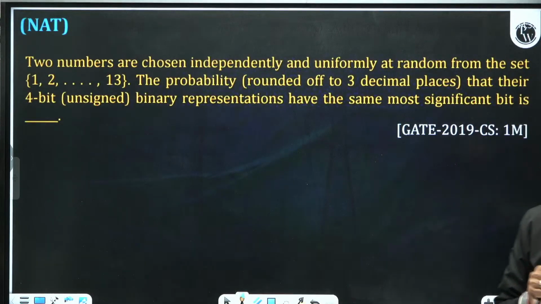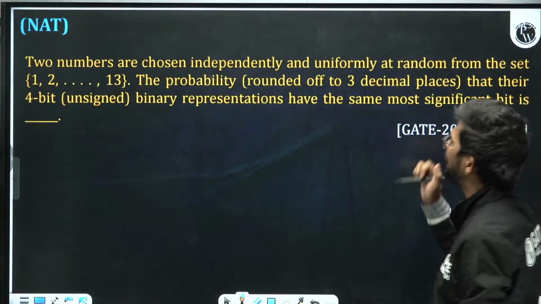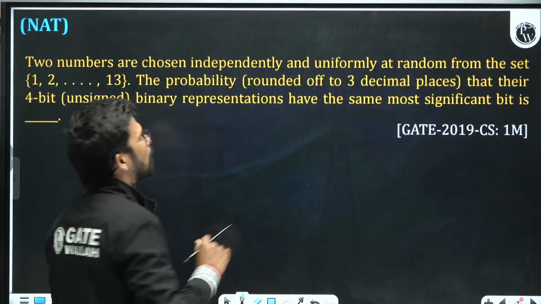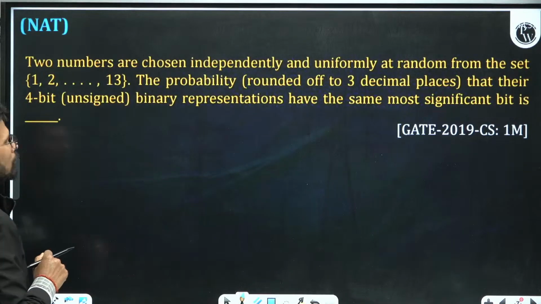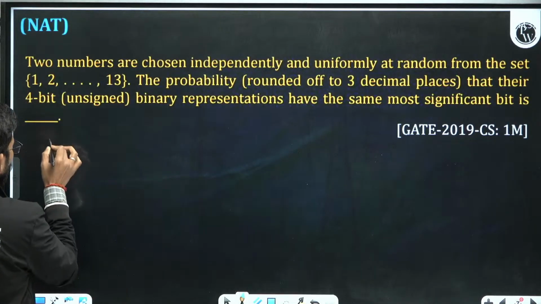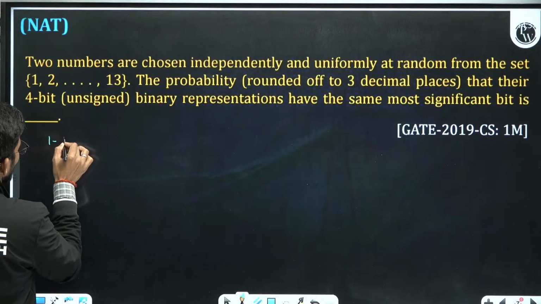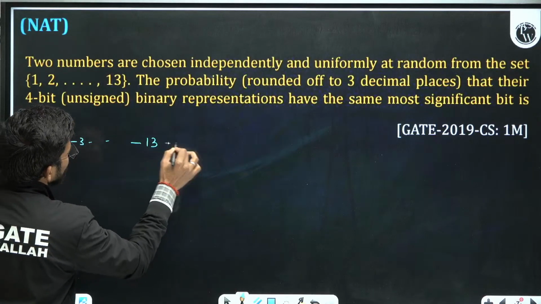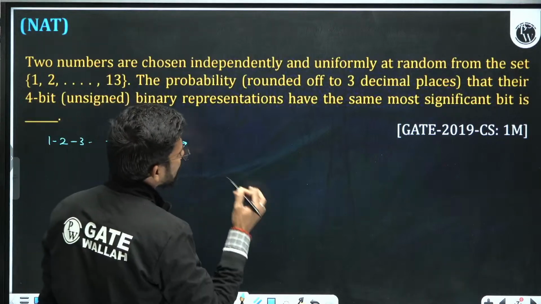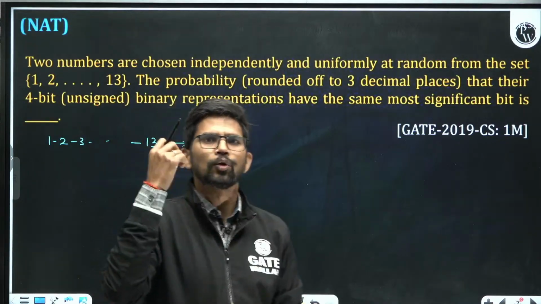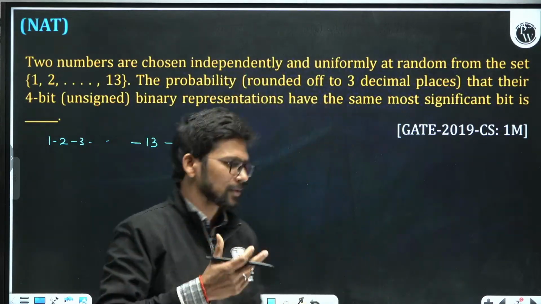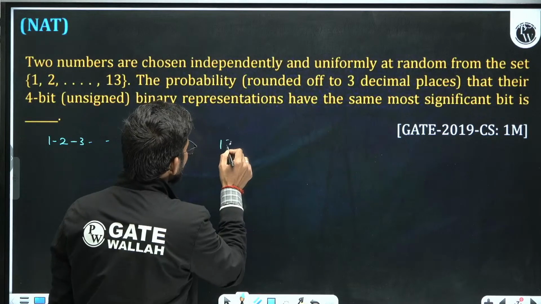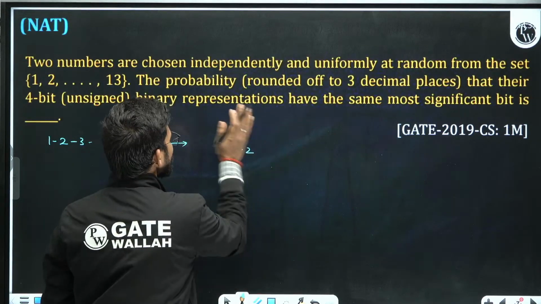Okay. Two numbers are chosen independently and uniformly at random from the set 1 to 13. So how many different groups are possible of two numbers together? That will be 13C2.